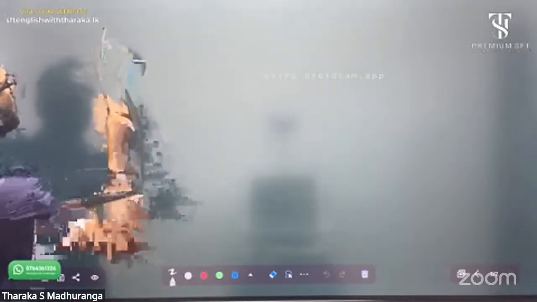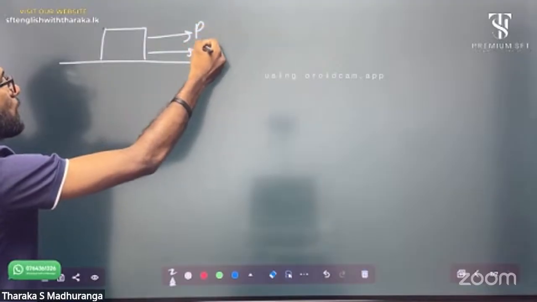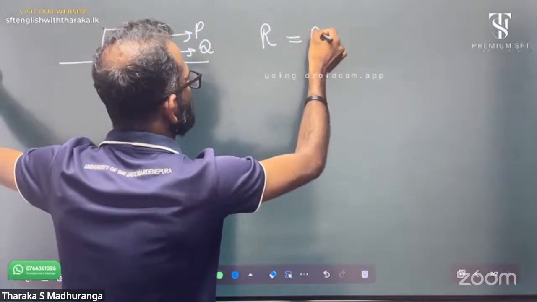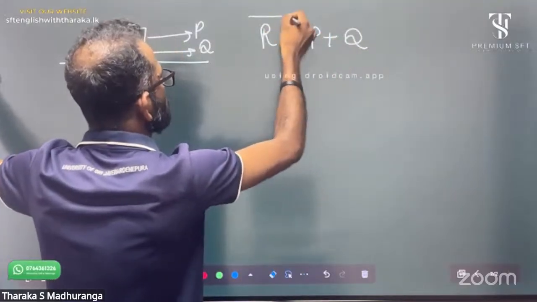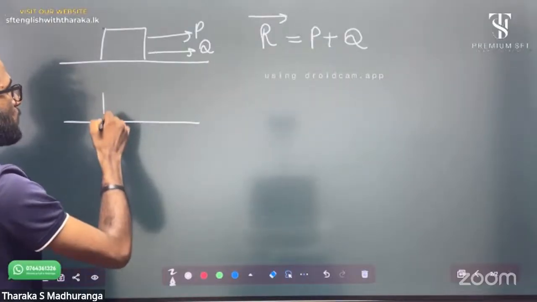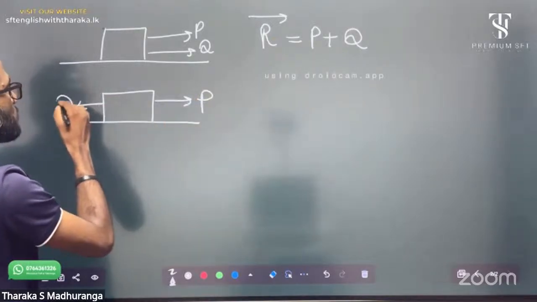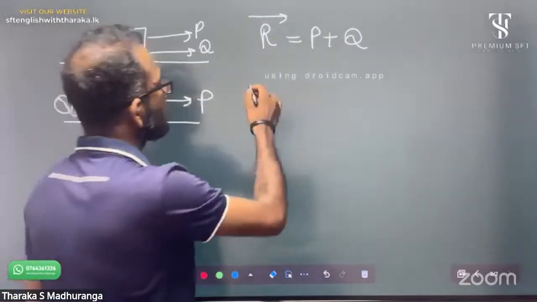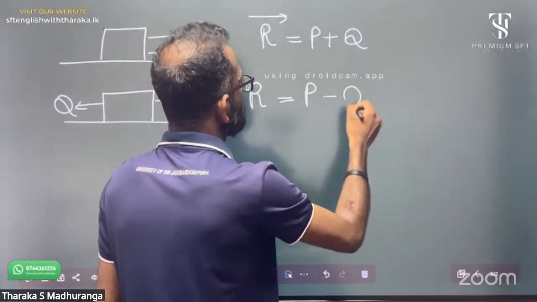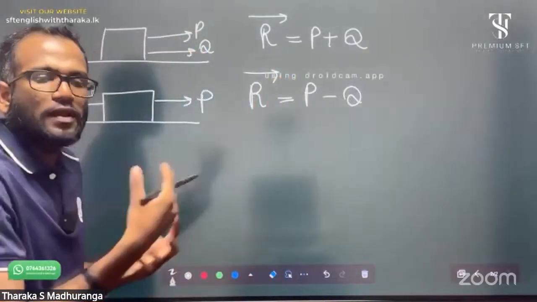Two forces P and Q act along the same direction. How to get the resultant force? P plus Q, in the direction of the applied forces. Two forces exerted in opposite directions, P and Q: the resultant force is the greater value minus the smaller, P minus Q, in the direction of the greater force.